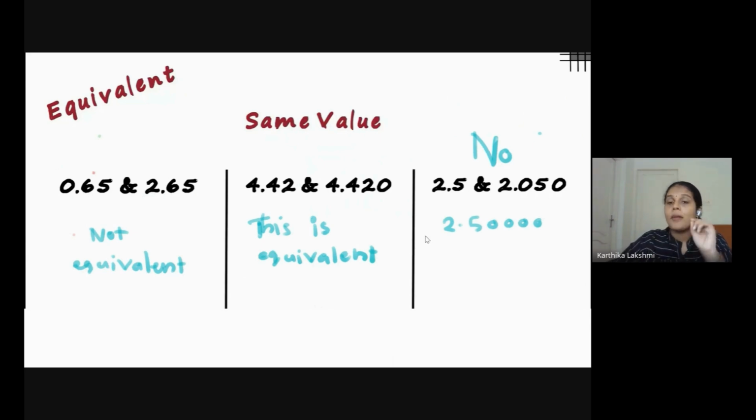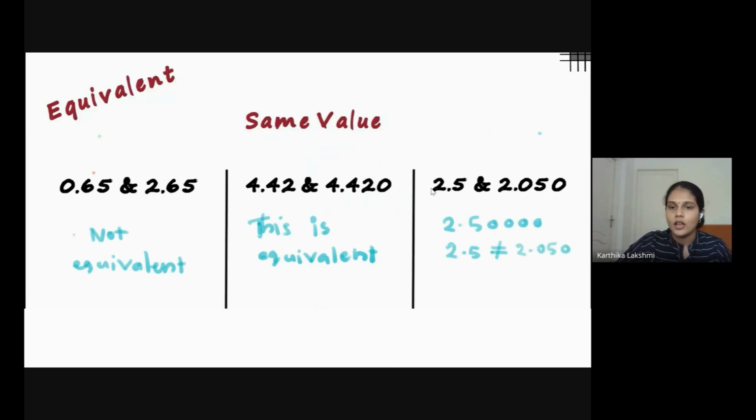But if I add 0 to the left of the decimal part, the value will change. Like I said, 2.5 and 2.050 are different. We added 0 on the left, so 2.5 is not equal to 2.050.